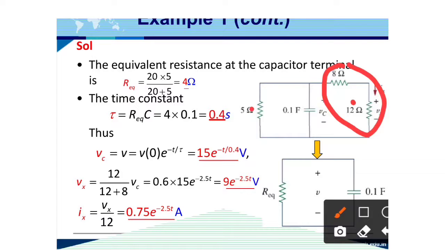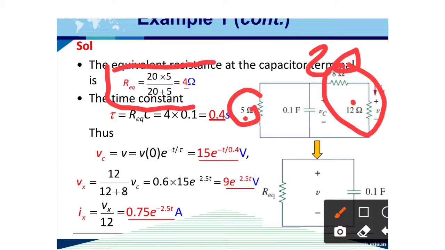So R equivalent = (20 × 5)/(20 + 5) = 100/25 = 4 ohm.